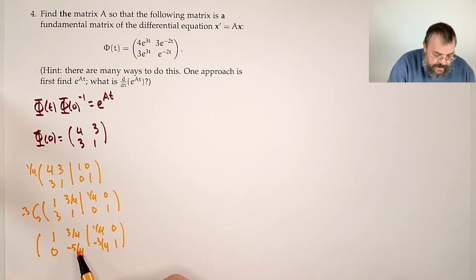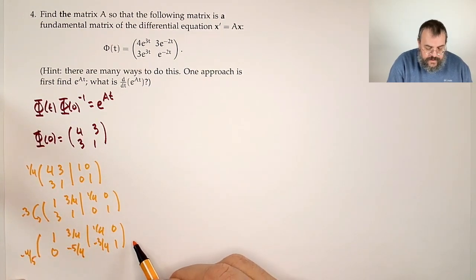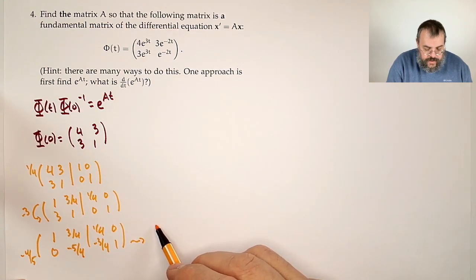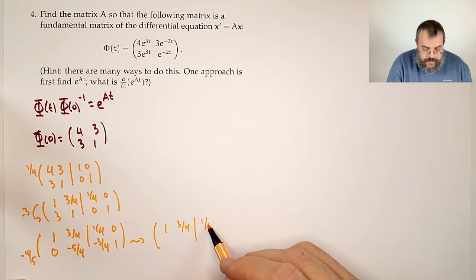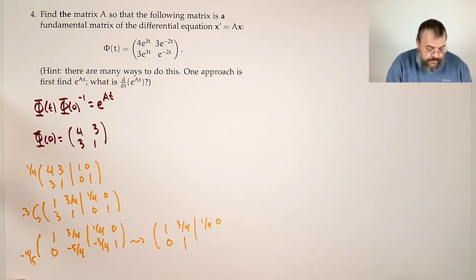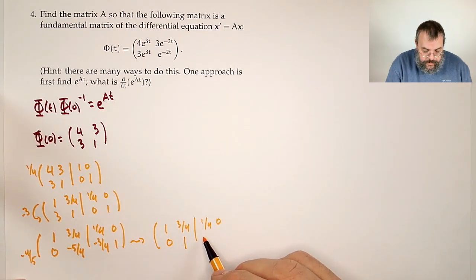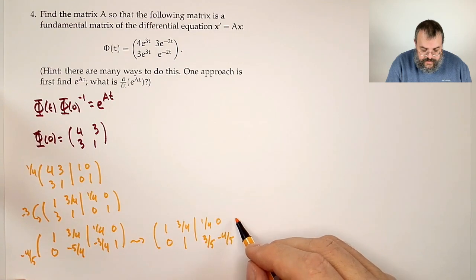So move to the second column. I'm going to make this a 1, so multiply through by -4/5. We haven't done anything to the first row at this stage, so we just copy it. The second row will be 0 and 1, because -4/5 times -5/4 is 1. Then here, well, the negatives cancel, the 4's cancel. We'll get 3 fifths, and then negative 4 fifths.